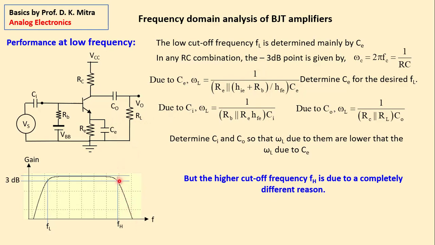Although this higher frequency is very much outside the audio range, being of the order of megahertz and sometimes gigahertz, normally you don't have to bother in the audio amplifier range, right? But still, since you are a student, you should know what really decides the upper frequency. See, none of these capacitors decide the upper frequency. Then who decides the upper frequency? This upper cutoff frequency is a completely different ballgame.